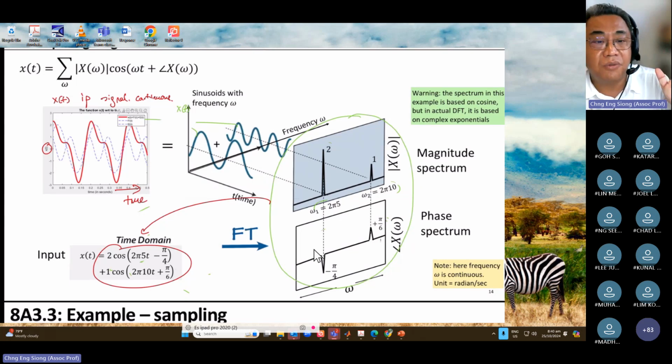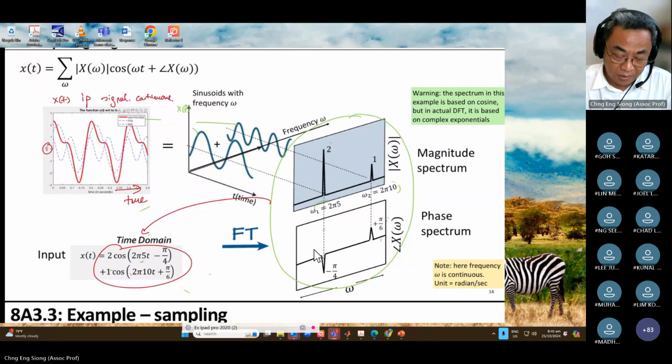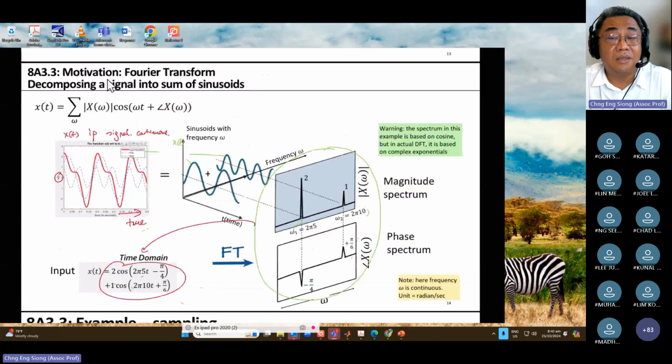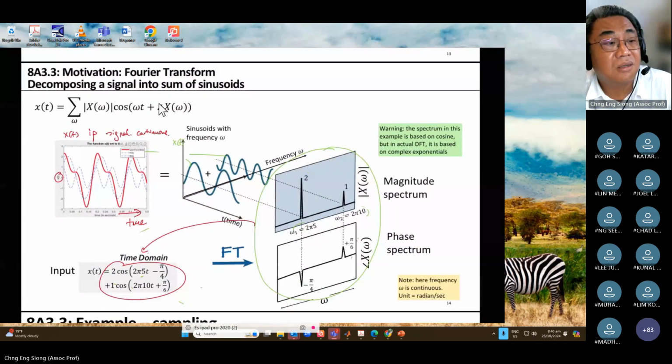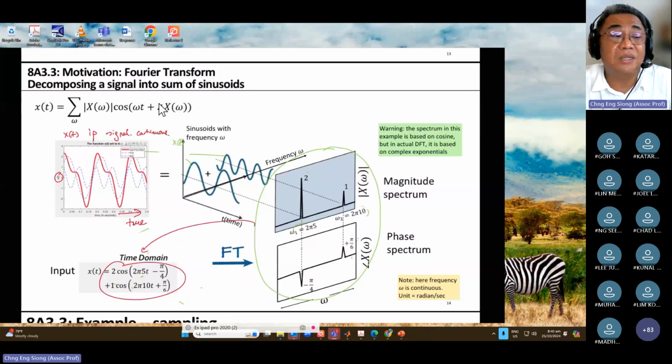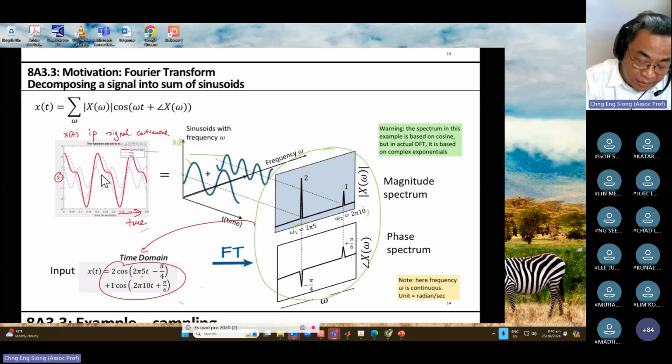Years later, when people ask you what is Fourier transform, a clever way to answer it is it decomposes a signal into a sum. See, we are summing all these sinusoids.